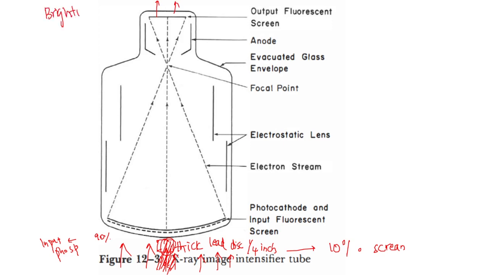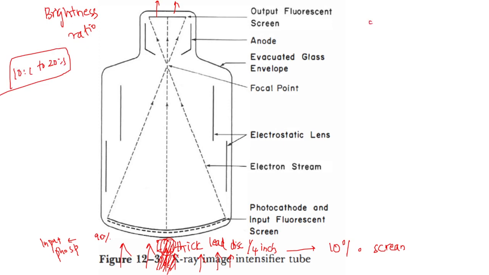We measure the brightness ratio at the output phosphor. If we see it this way, the contrast ratio ranges from 10 to 1 to 20 to 1, depending upon the manufacturer and intended use.